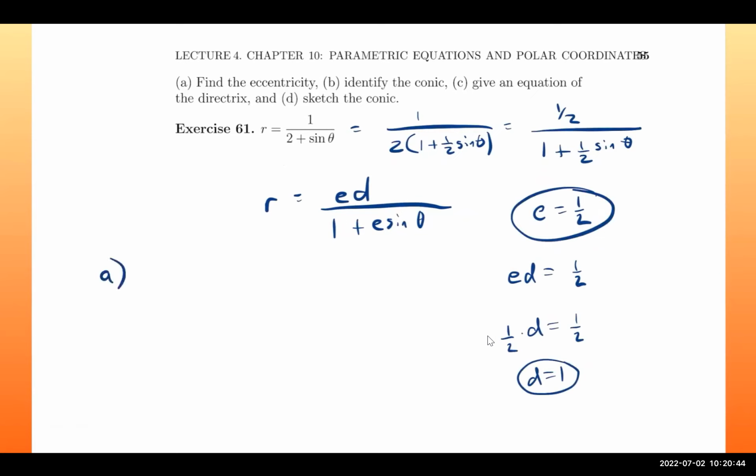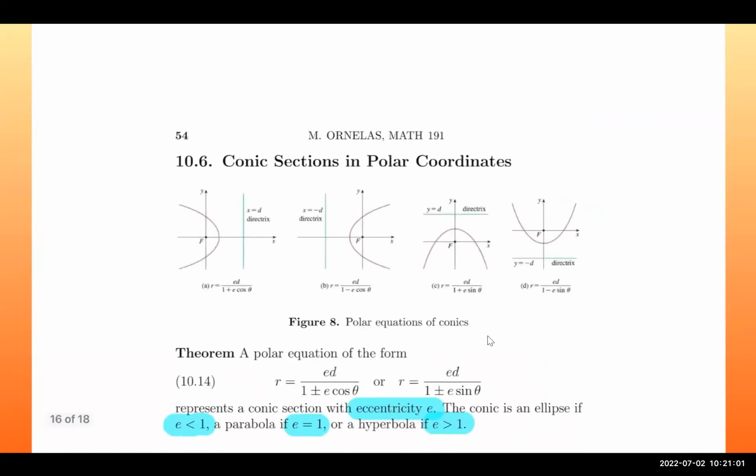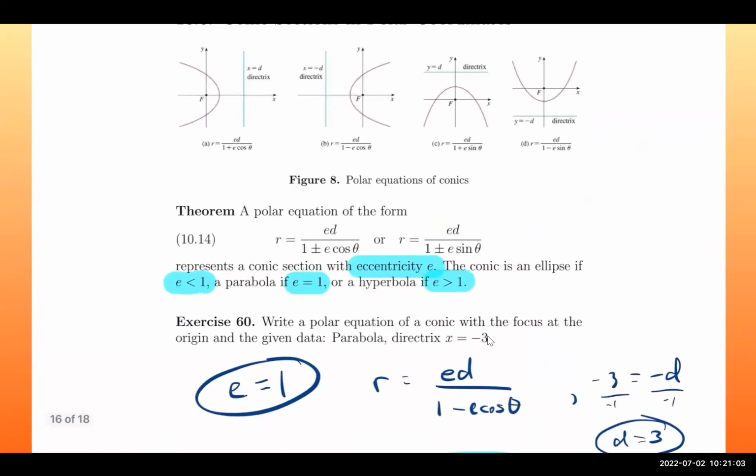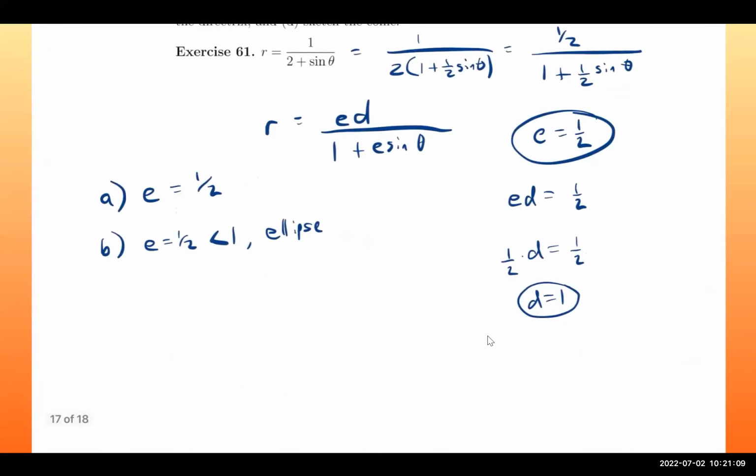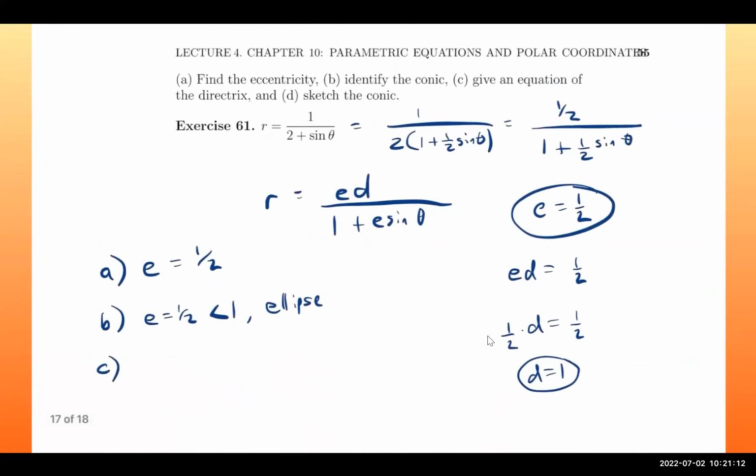So we have D and we have E. Now we can find the eccentricity, which we've already done: E is equal to 1/2. For part B, we identify the conic. Because E is 1/2, which is less than 1, we have an ellipse. The notes tell you that here: if E is less than 1, then it's an ellipse.